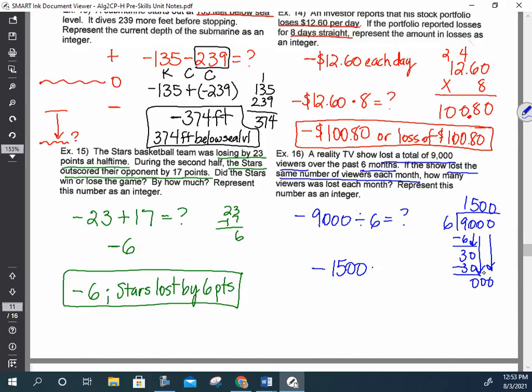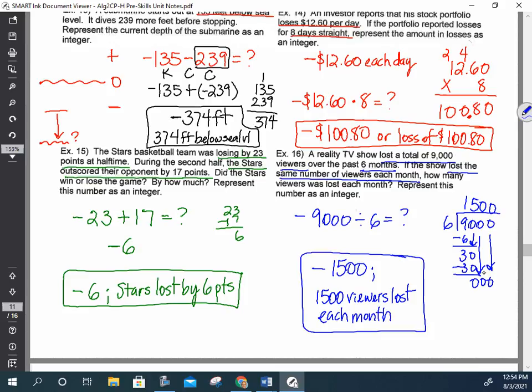What does this mean in terms of real life? So 1,500 viewers lost each month. So in a practical sense, that's what that means. Again, you can just tell someone negative 1,500, and I don't know what that means. But when you give it context, then we understand what you're talking about.